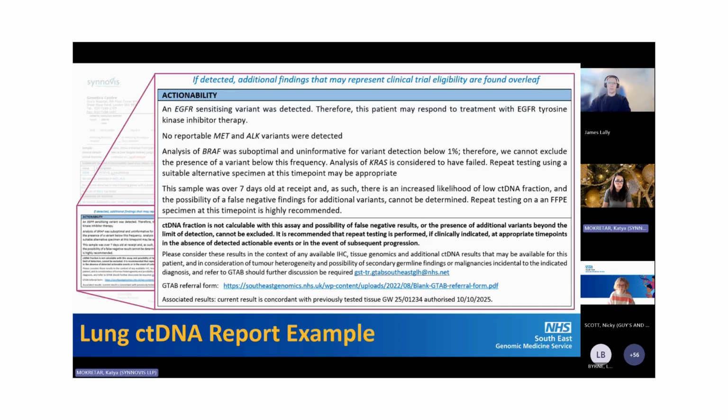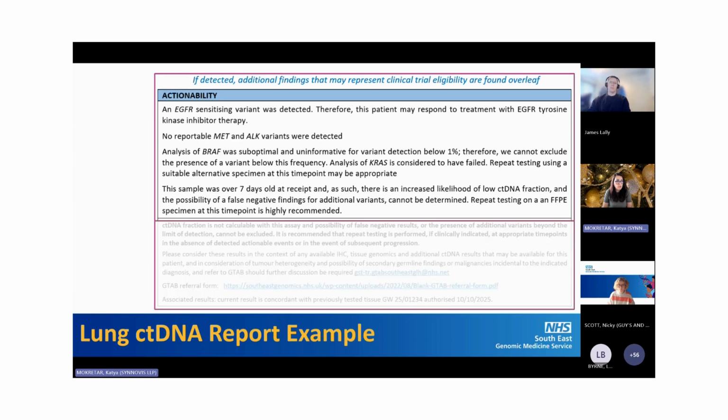Going back to the report and looking at the next section. In this section you see the actionability table, and this summarizes the clinical relevance of all the reported findings. Here we'll also put what has not been reported, and any quality issues will also be highlighted here.